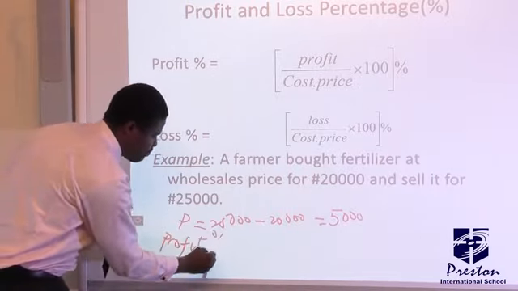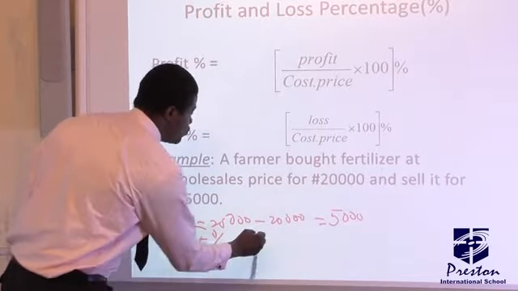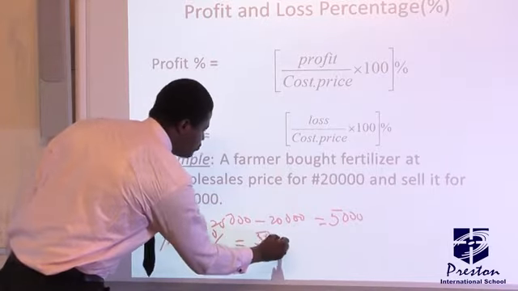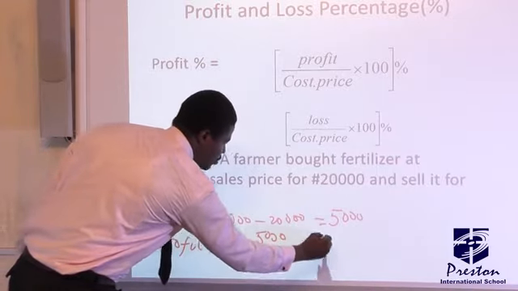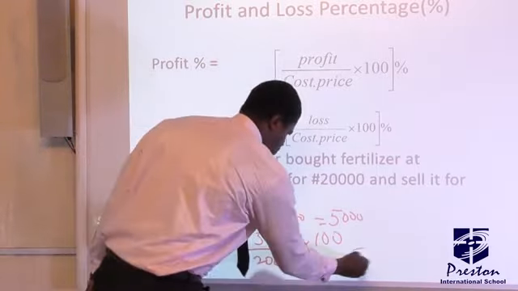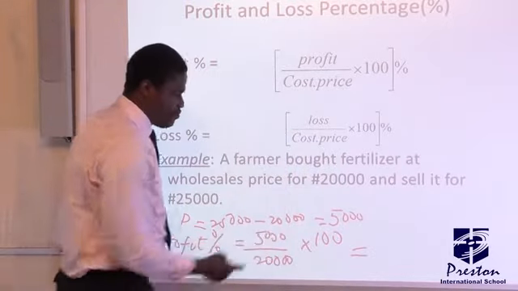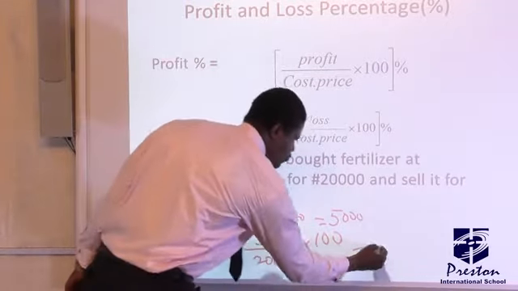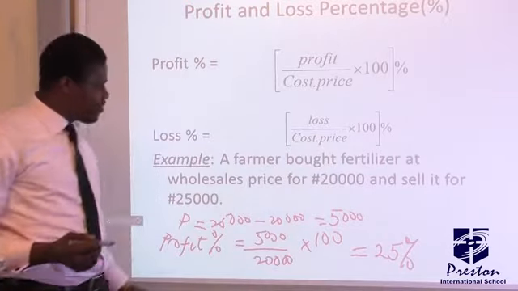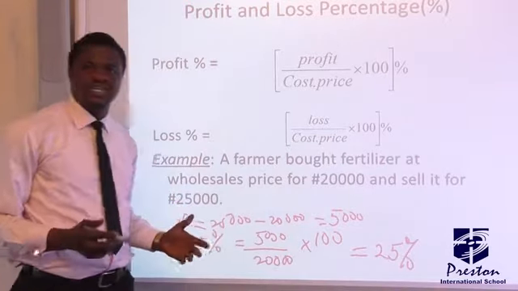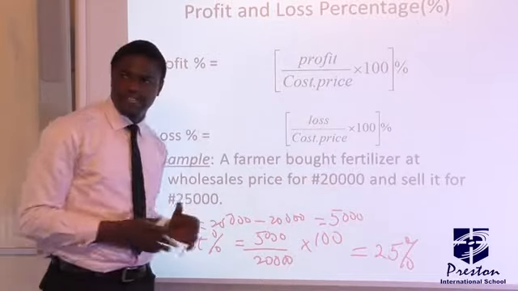Profit percentage is equal to 5,000 over cost price, 20,000, times 100%. And this will give us 1 over 4. 1 over 4 times 100 will give us 25%. So the profit percentage for this question is 25%.